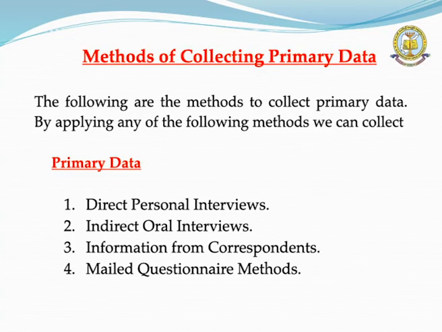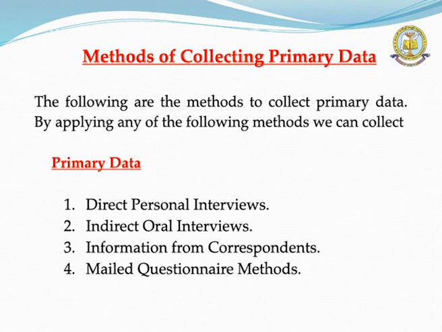So, all 4 methods are data collection methods and primary data collection methods, but there is an internal difference between the first, second, third and fourth. These are called primary data collection methods.